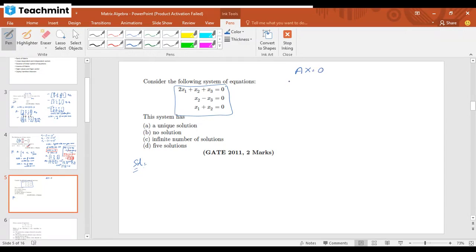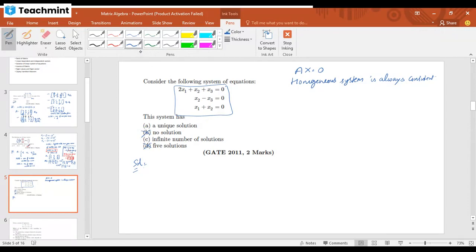When we discuss consistency, we know that a homogeneous system is always consistent. That means either it has a unique solution or it has infinitely many solutions. So definitely option B and option D are not the correct ones. So the correct answer is either option A or option C.